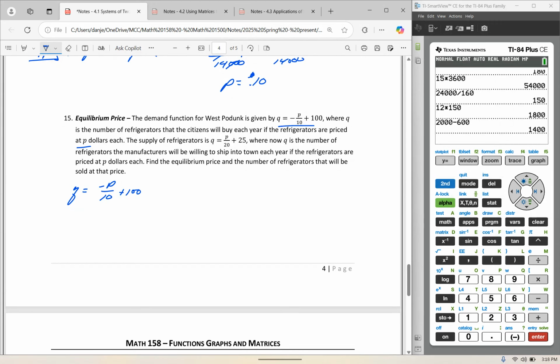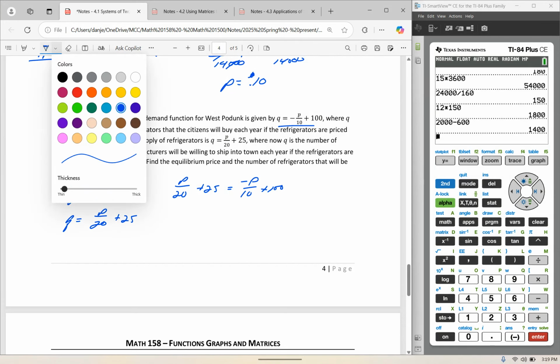The supply is Q equals P over 20 plus 25, where Q is now the number of refrigerators that the manufacturer would be willing to ship into town each year if priced at P dollars each. Find that equilibrium. To find that equilibrium, P over 20 plus 25 needs to equal negative P over 10 plus 100.